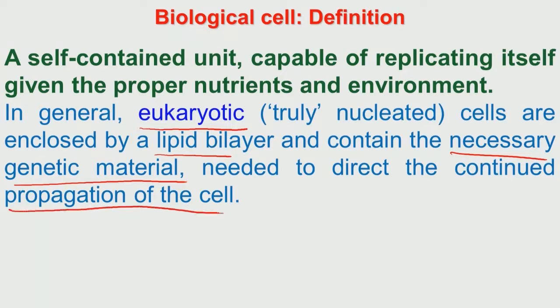There are certain things which are kind of implicitly mentioned here, and I will describe them in much more detail in later part of this course, like nutrients and environment. Nutrients are essentially required for cell survival.